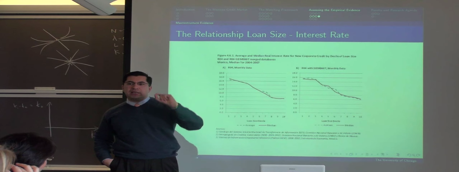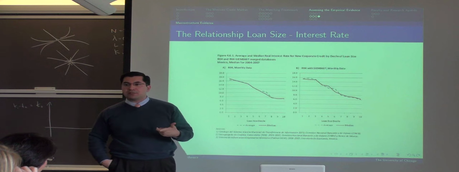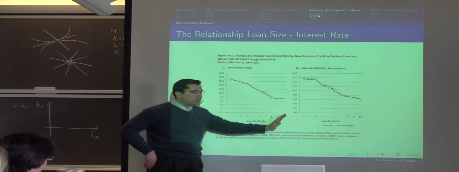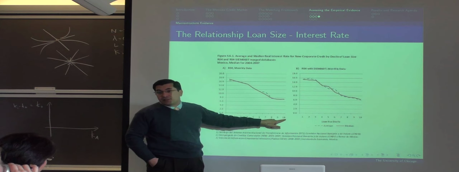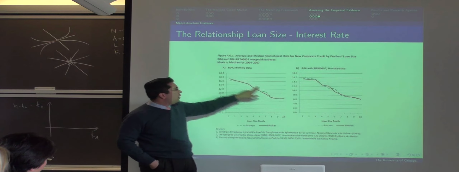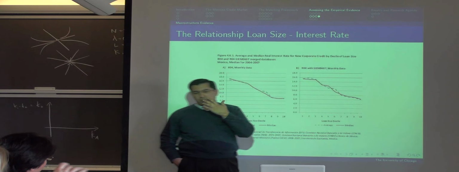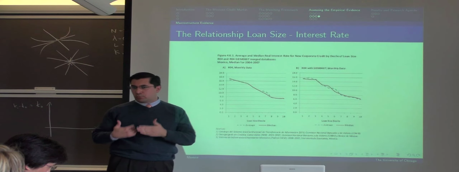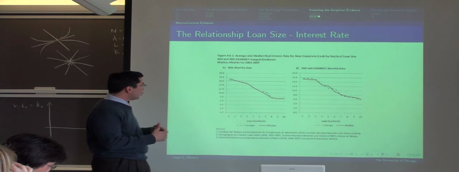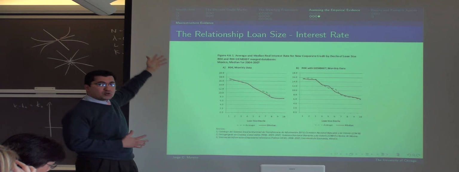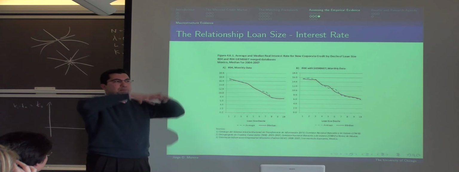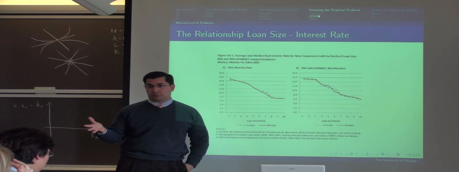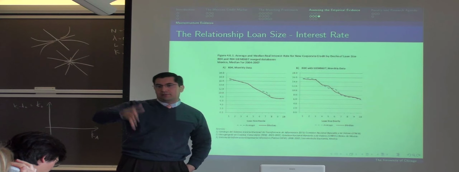You will observe that high deciles of loan sizes have a lower interest rate, either the average or the median. So relatively high credit is getting credit at a lower interest rate in equilibrium. So these are the macro facts, the macro structure evidence. It is not macroeconomic, but the macro structure of the credit market. But we have information by bank and by firm. What is going on within the banks and within the firms?